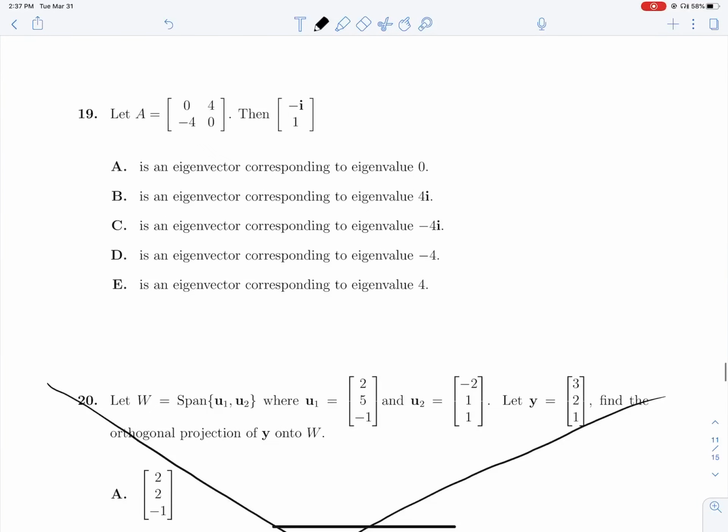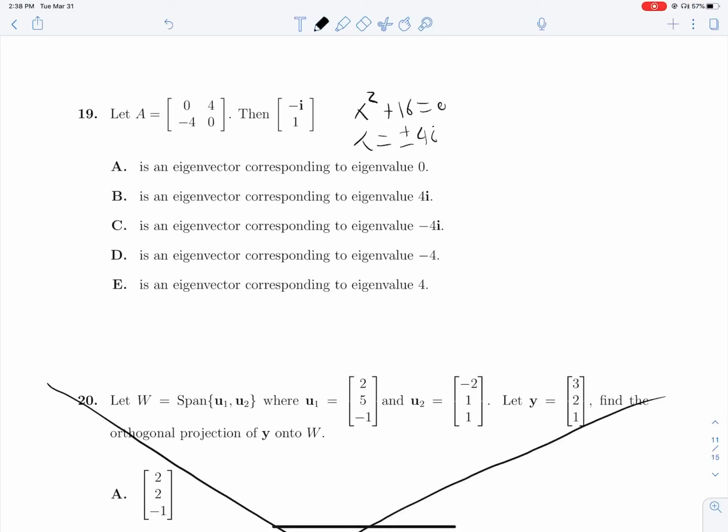Okay, let A equal this matrix, and we are trying to figure out what eigenvalue this complex eigenvector corresponds with. Solving the determinant of A minus lambda I will give us lambda squared plus 16 is equal to 0, so lambda is equal to plus or minus 4i.